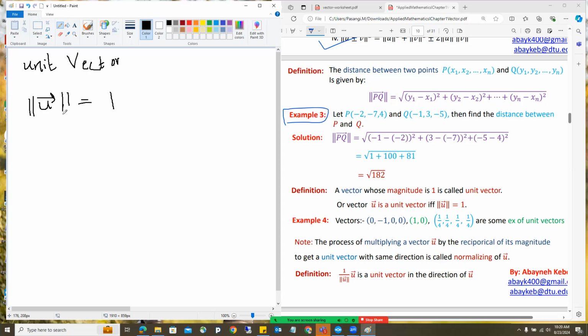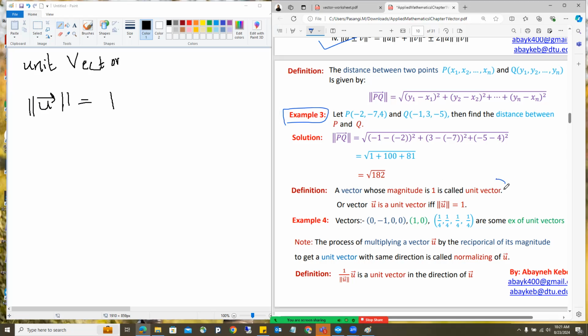The condition would be the magnitude of that given vector should equal 1. That's what they have defined here. A vector whose magnitude is 1 is called a unit vector. The magnitude of this vector u is equal to 1 if and only if vector u is a unit vector. Okay, is it clear?